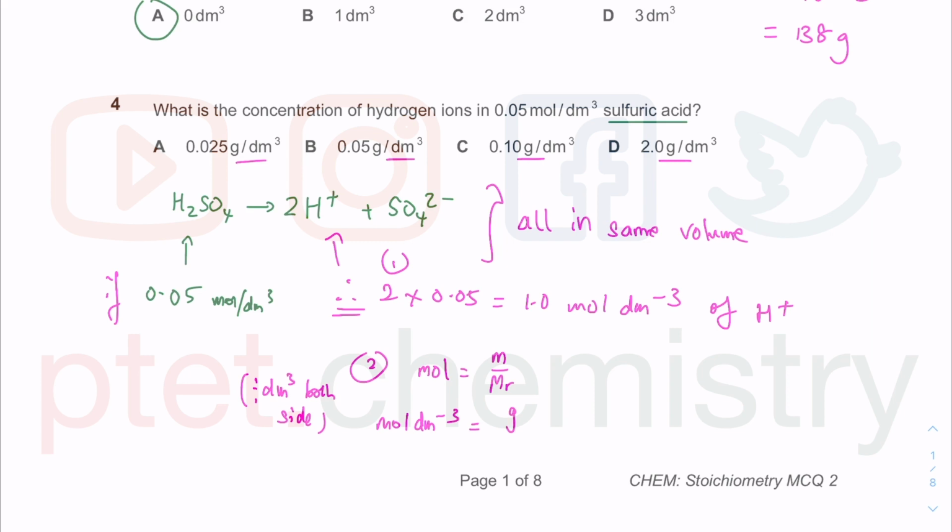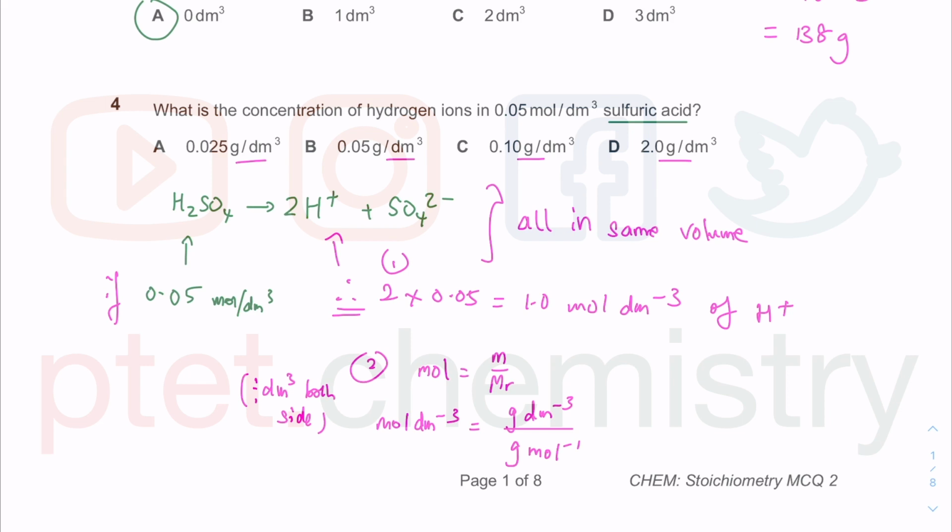You're going to get gram per dm cube because we're just dividing both sides by dm cube, so nothing has changed at the bottom. So the top bit is the mass per dm cube and the bottom bit remains exactly the same, so it's gram per mole. I've written this in the form of -3, but it actually means the same thing, gram over dm cube, gram over mole. This is just your mathematical expression.